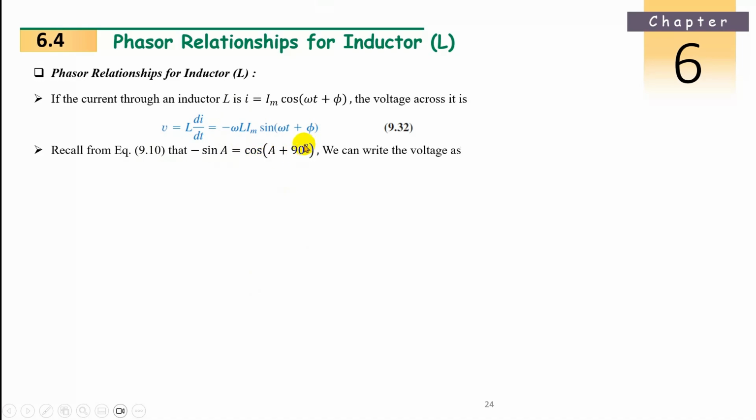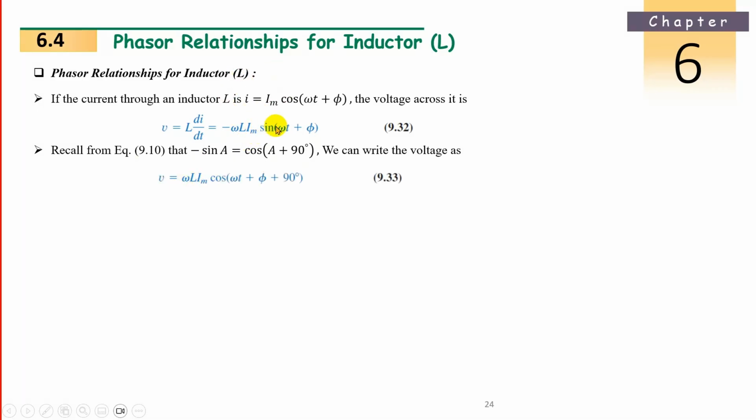Minus of minus becomes plus. Generally, if only sin is there, then it becomes cos A minus 90 degrees. But here minus is there, and when it goes inside, it becomes minus of minus, which becomes plus.